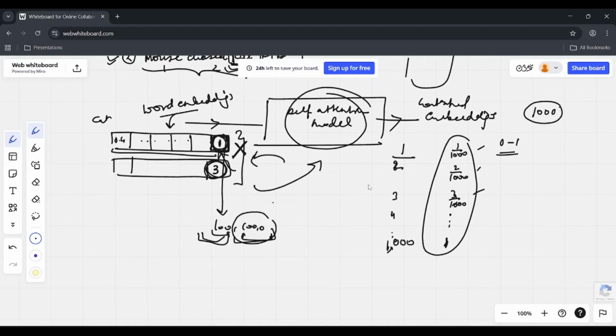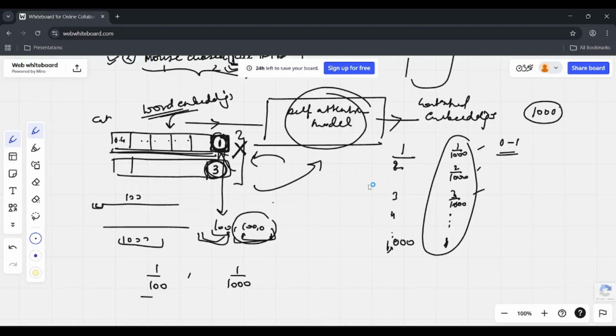Let's say you have two sentences. The first one contains 100 words, the second one contains 1000 words. Now, for the last position, what will be the last element of our word embedding vector? That would be 1 upon 100, right? But in the second case, it will be 1 upon 1000.